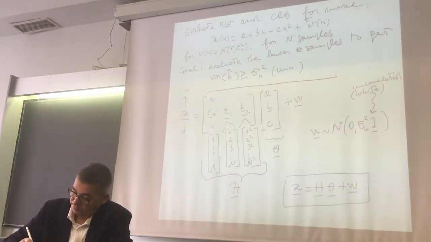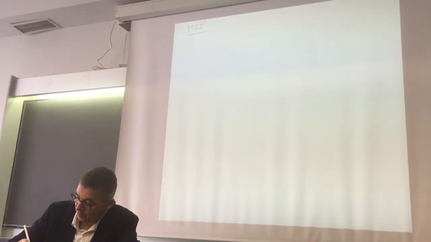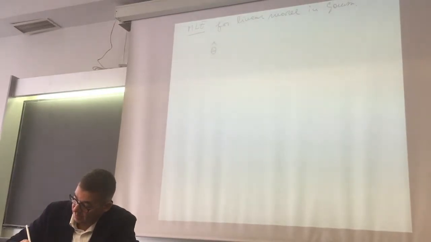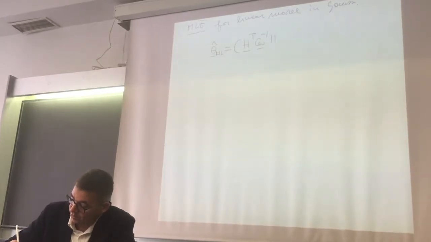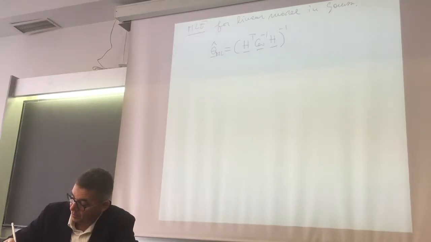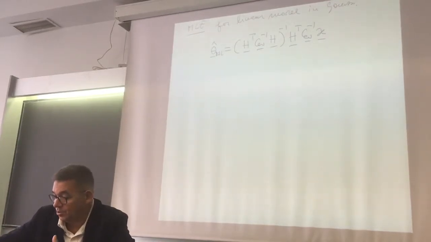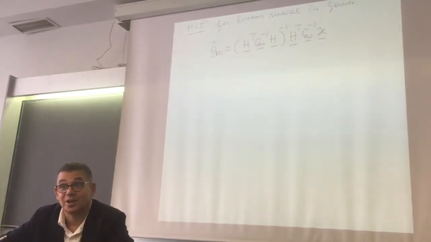The maximum likelihood estimate for the linear model in Gaussian noise is the following: theta hat maximum likelihood is equal to (H transpose C_W minus 1 H) to the minus 1, multiplied by H transpose C_W minus 1 X. Usually you have this on the back of the exercise.